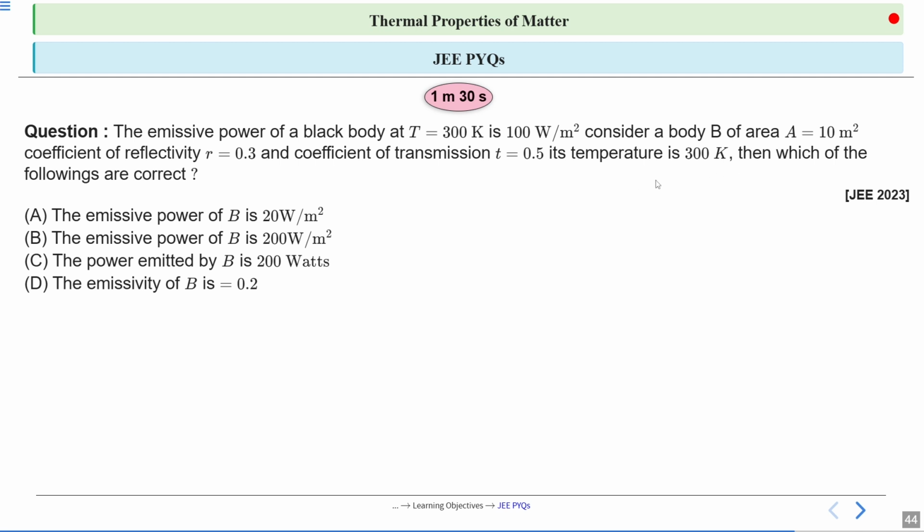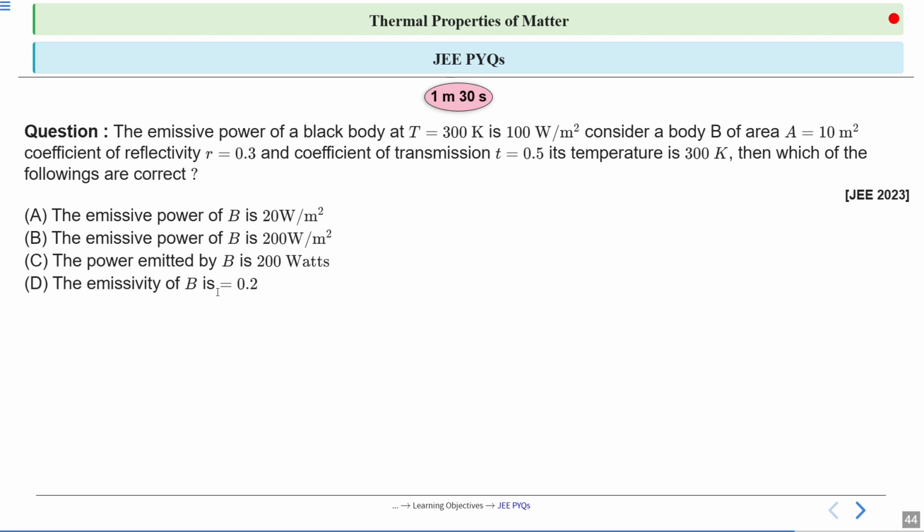Then which of the following are correct? First, the emissive power of B is 20 watt per meter square. The emissive power of B is 200 watt per meter square. The power emitted by B is 200 watts. And the emissivity of B is 0.2.